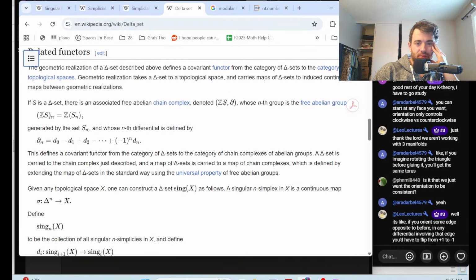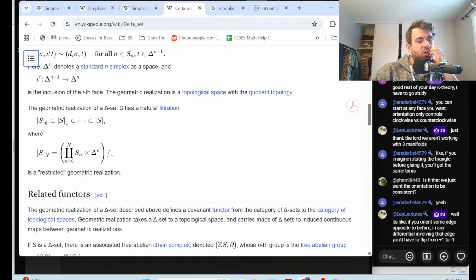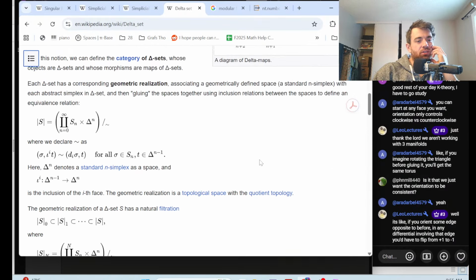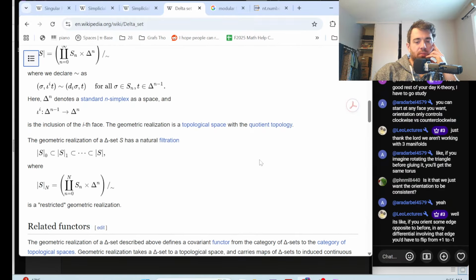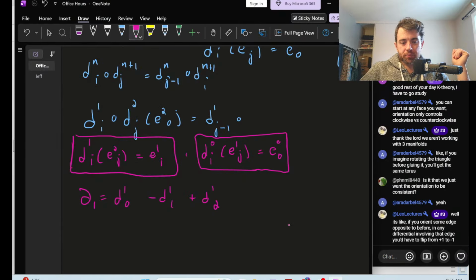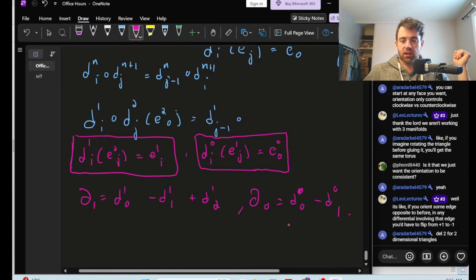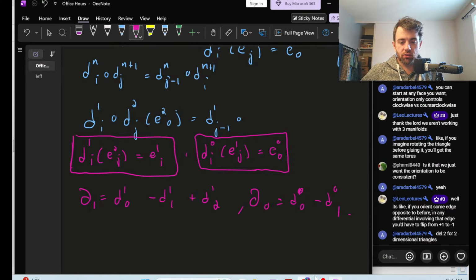I am cooked. No, yeah, there should be 3 maps. It still makes sense. And then die 0, D1, D0,0 minus D0,1. Okay. Amazing. Del 2 for 2-dimensional triangles.